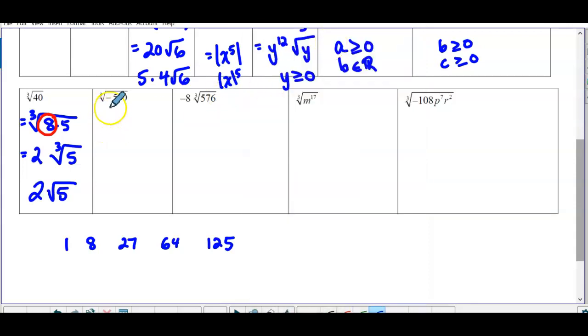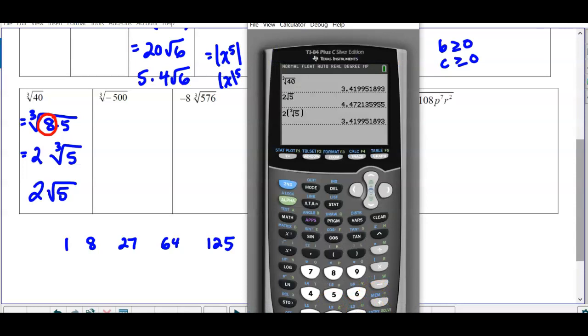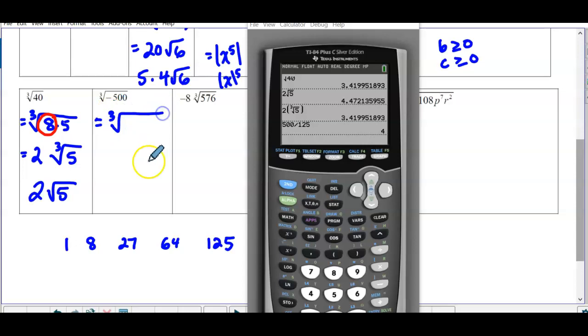Okay. Cubed root of negative 500. So does 125 go into 500? Hopefully you know it does, but let's just check. 500 divided by 125. It does 4 times. Now notice this is negative. So when I show this, I want to make it as simple as possible. See if you can take a negative out.